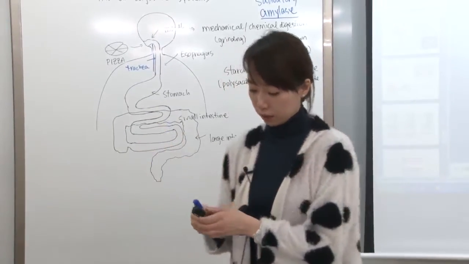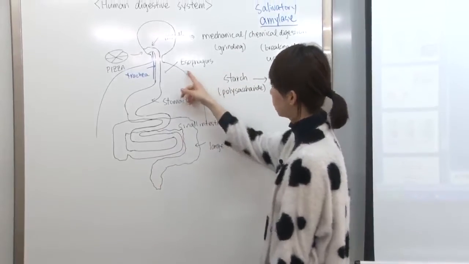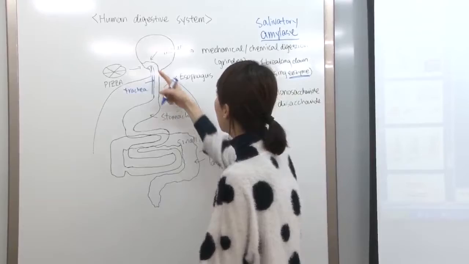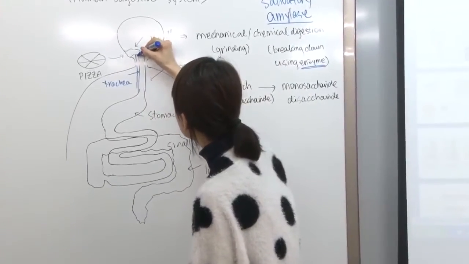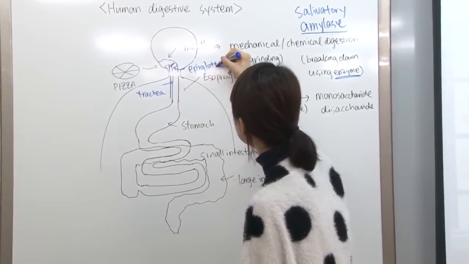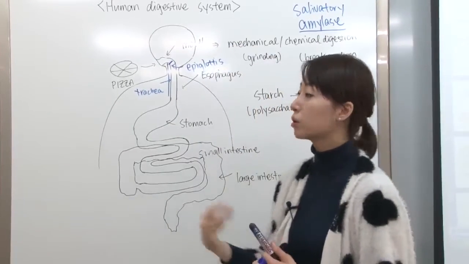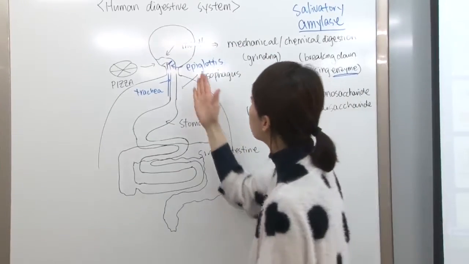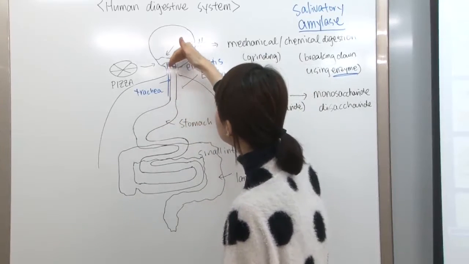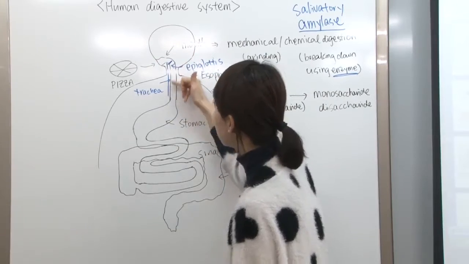After that, they go through the esophagus. One thing you have to know about the esophagus is that at the start of the esophagus, we have a structure called the epiglottis. When we swallow food, the epiglottis moves up and down in order to block the food from going to the trachea.